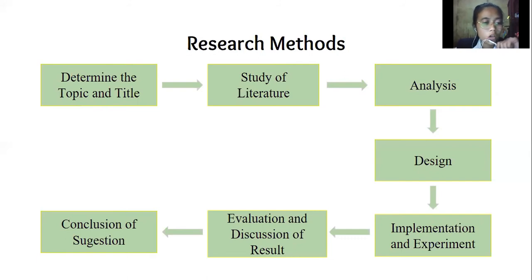And the last, conclusion and suggestion. The discussion about the implementation result, experimental result, and evaluation result is used as a reference for drawing conclusions from the research that has been done and the suggestions given for further research.